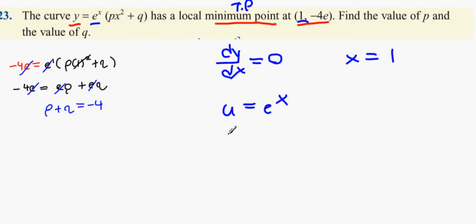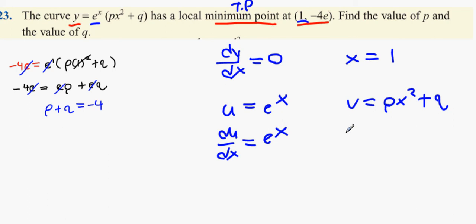u equals e to the x, du/dx is also e to the x, v equals px squared plus q, and then dv/dx equals 2px.